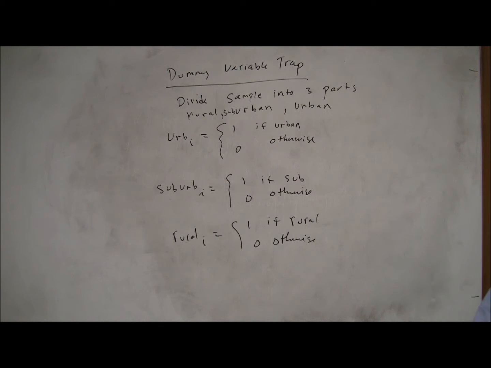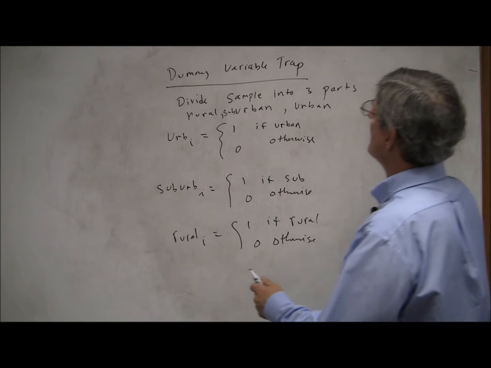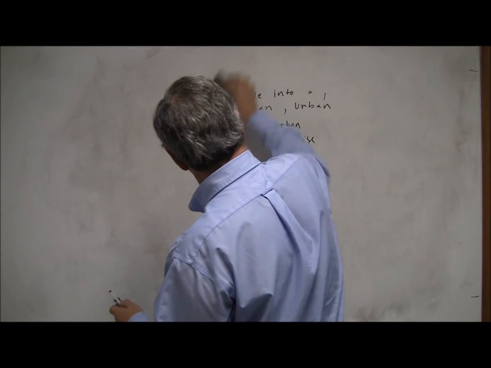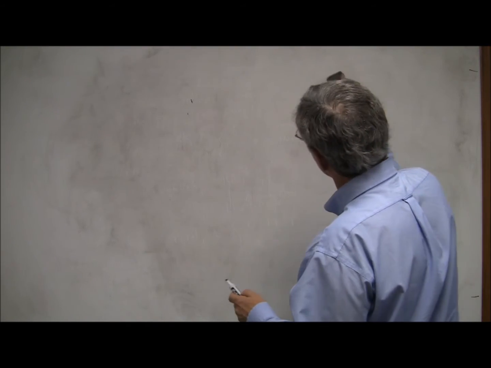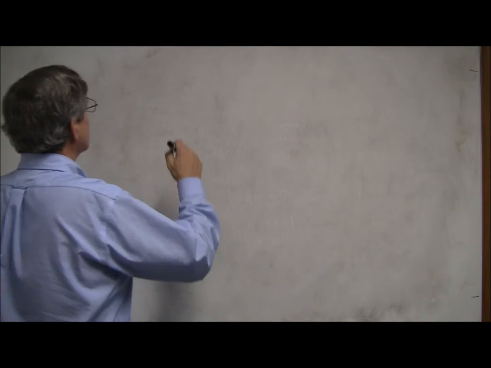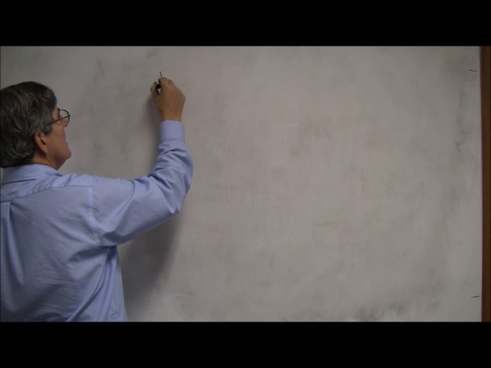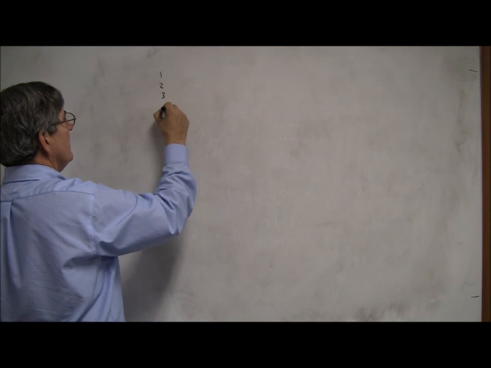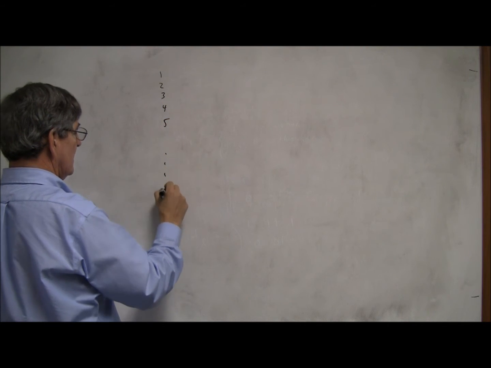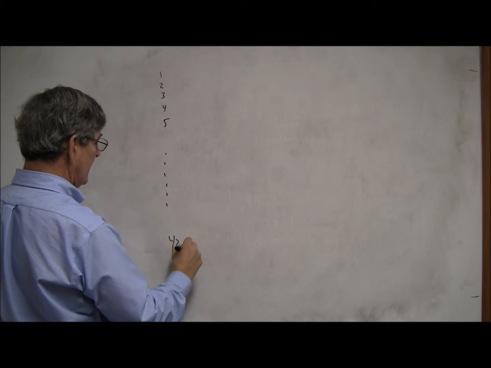Now let me show you something. We're going to number the districts 1, 2, 3, 4, 5, down to 420.